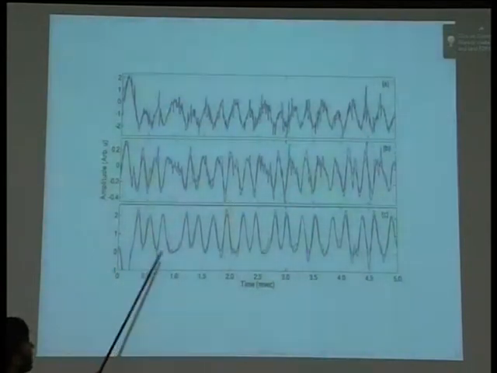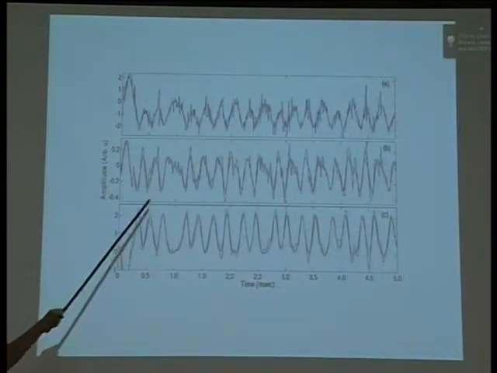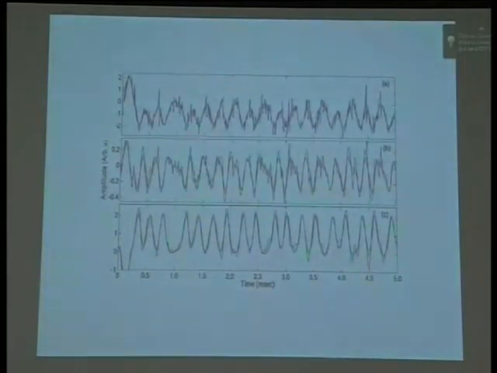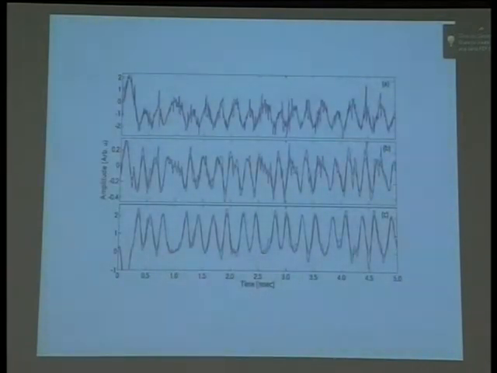The black one is without noise, the red one is with 10% noise, and the blue one is with 40% noise level. So these are the results we got with different time steps.